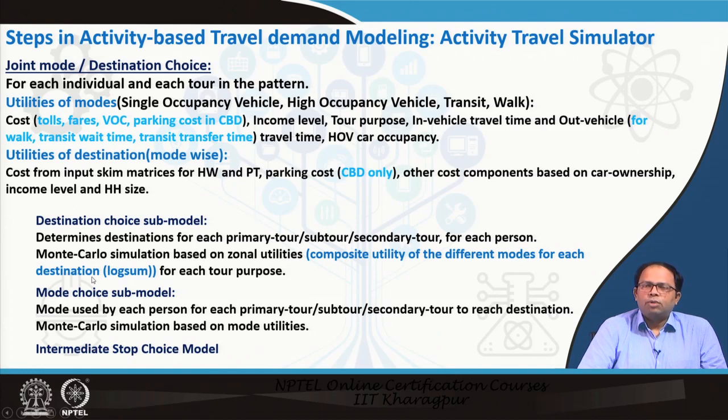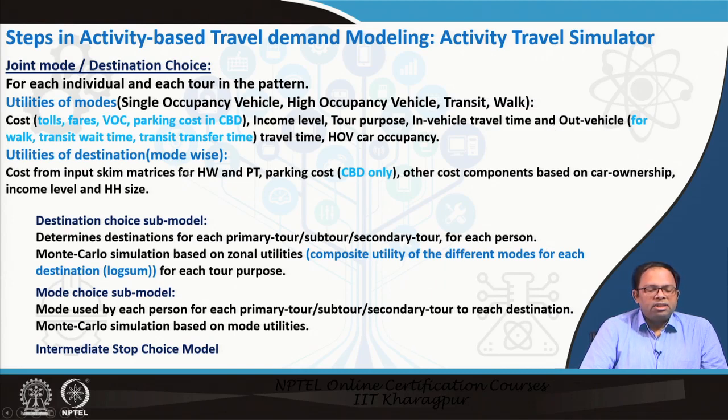Again, we have discussed this kind of models earlier, and for the utilities of each of these mode choice models, for each individual and each tour pattern, different modes are considered, such as single occupancy vehicle, high occupancy vehicle, transit, walk, and the different explanatory variables are cost, or rather the utilities are measured using cost for tolls, fares, parking cost, and then income level, tour purpose, in-vehicle travel time, out-of-vehicle travel time, and so on.